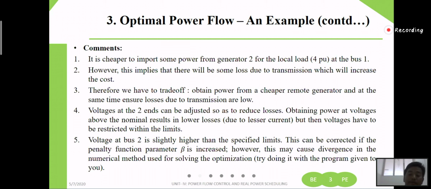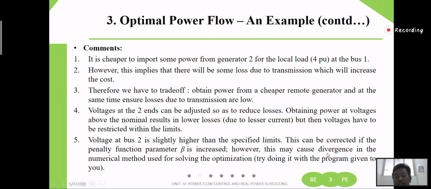Okay, so beta can be greater than 1, so you keep on doing 1, 2, 3, and see whether any other conditions are violated or not. So when it reaches 100, it is coming somewhat near, but still the voltage at bus 2 is violating the specified limits. Okay, but what you can do is correct this beta. Change the penalty function parameter beta and try to increase it in the problem.